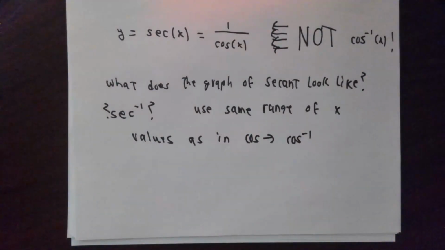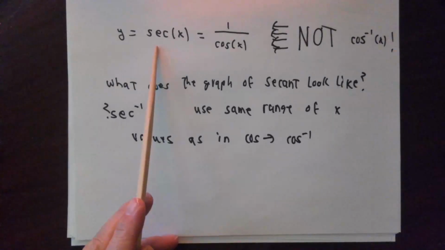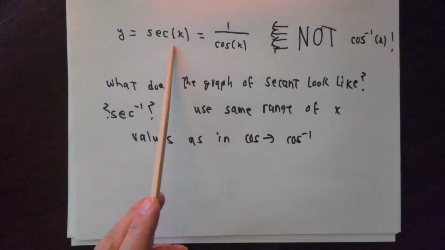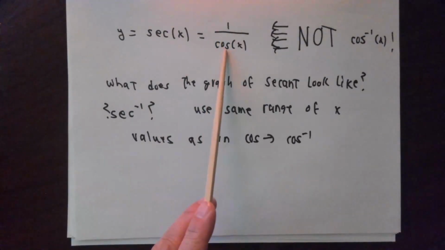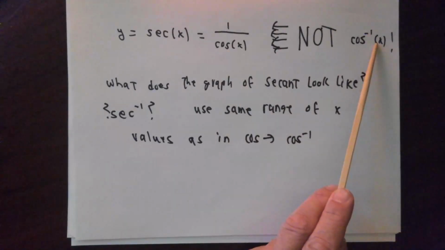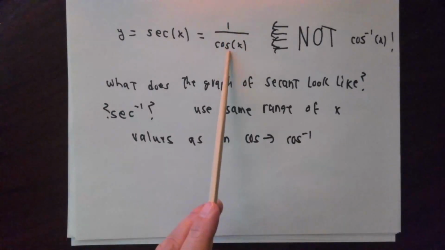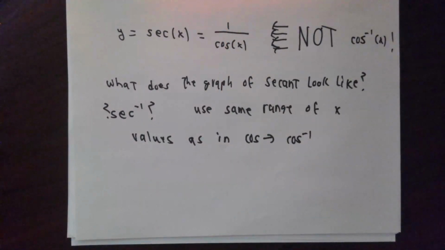I'll leave you with a mental exercise for those who are interested. What about secant of x, y equals secant of x, which is defined to be 1 divided by cosine x, not inverse cosine x. This one really is 1 divided by something. What does the graph of the secant look like?